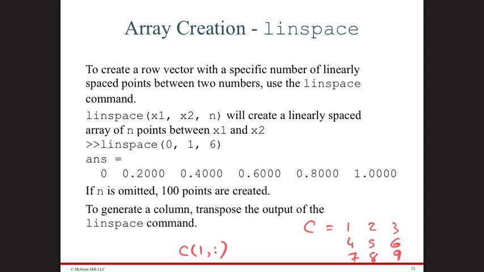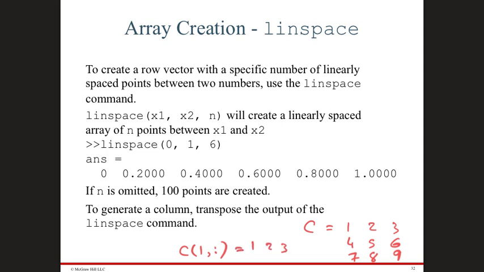So it's going to give me a vector of the first row. The colon here means span the other dimension until the end. The other way around, C of colon and 1 is going to take all the rows of the first column. So I specified the first column, and it will give me all the values. So this one is going to give 1, 2, 3.